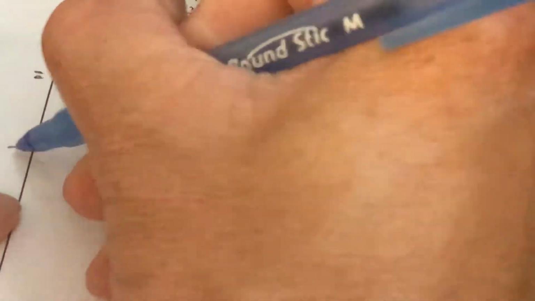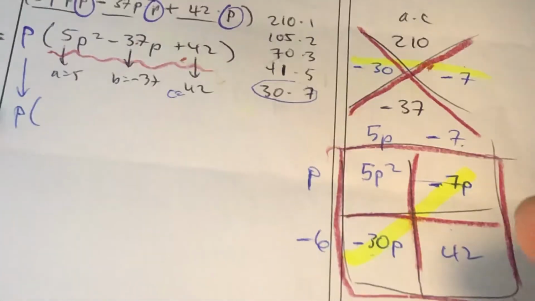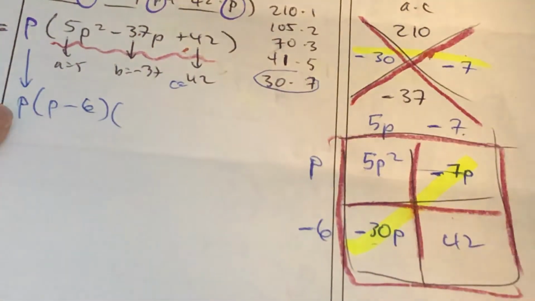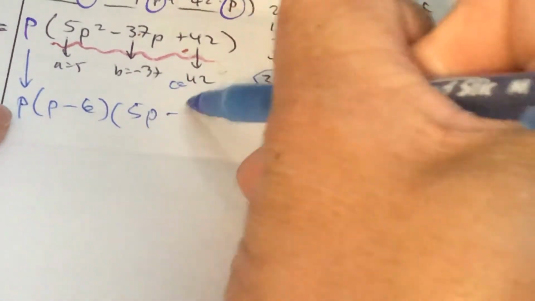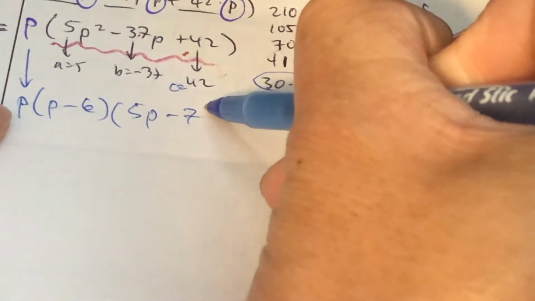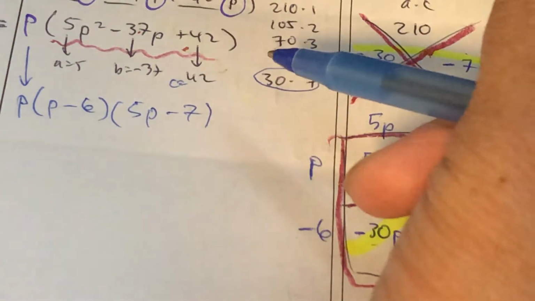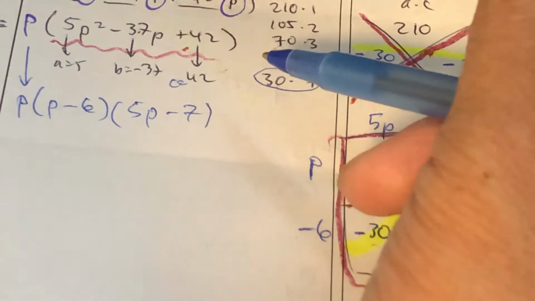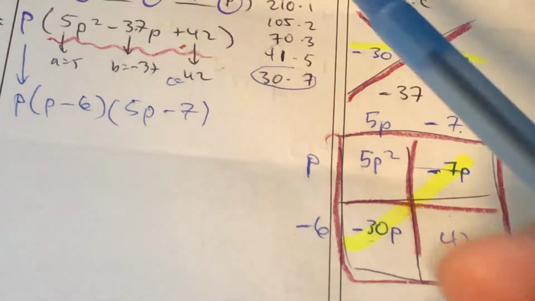And so, bring that down, I get p minus 6, and 5p minus 7. Let's double check.